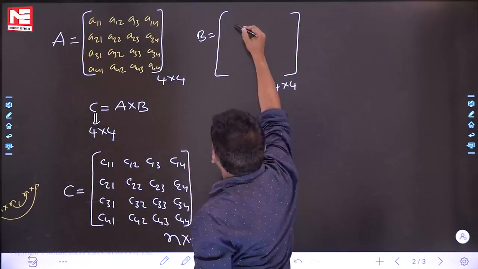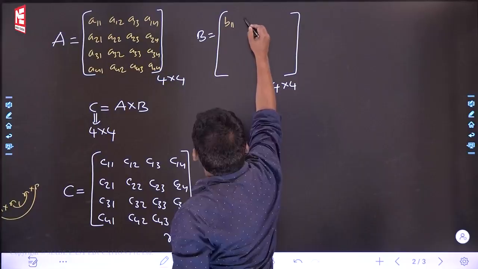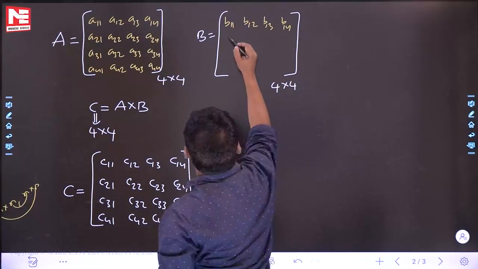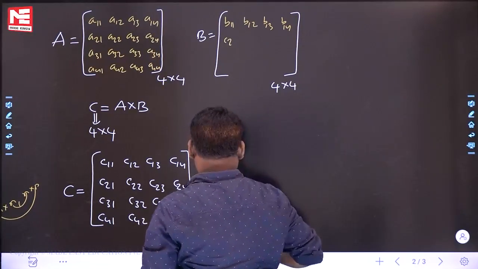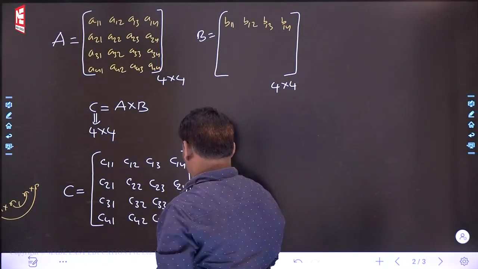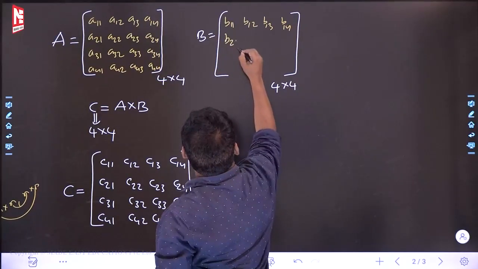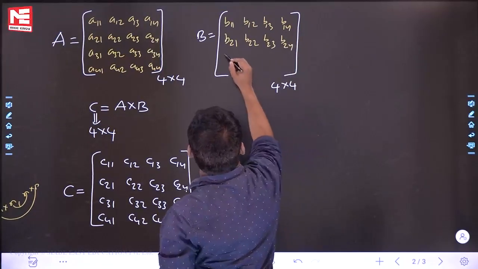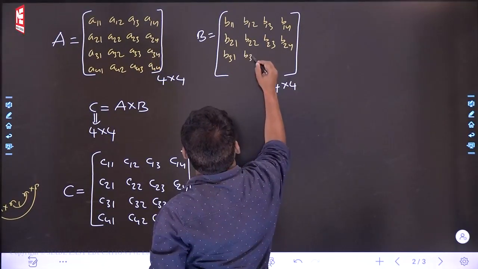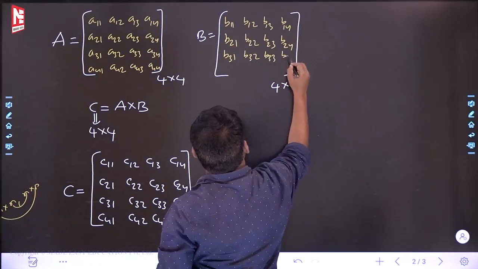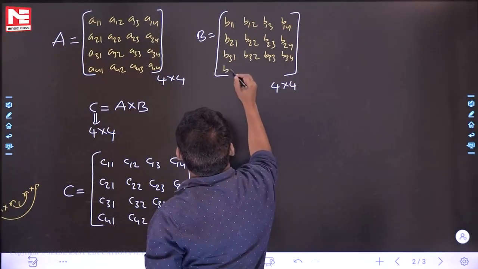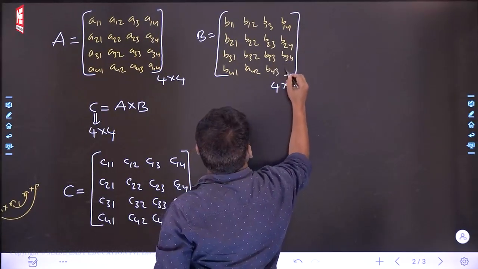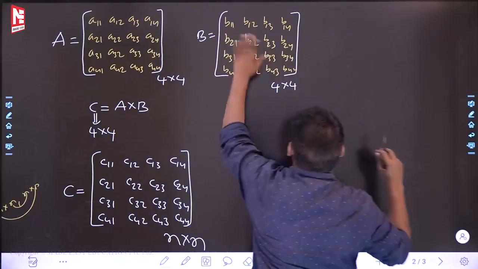Same way here, B11, B12, B13, B14, B21, B22, B23, B24, B31, B32, B33, B34, B41, B42, B43, B44. You know, it is normal in terms of B.